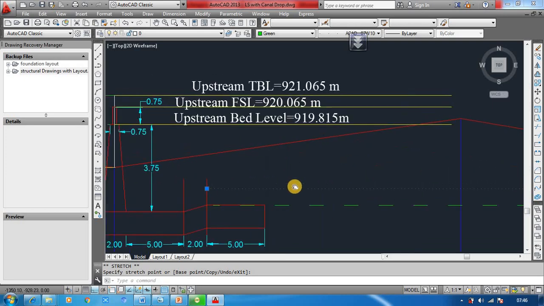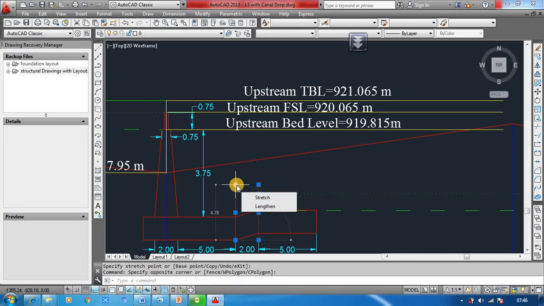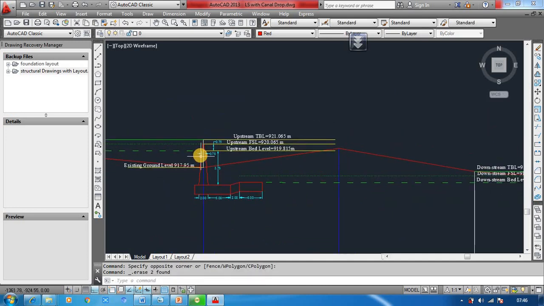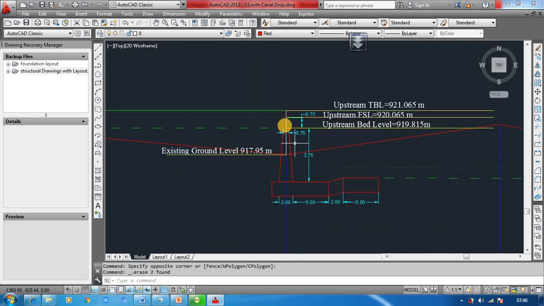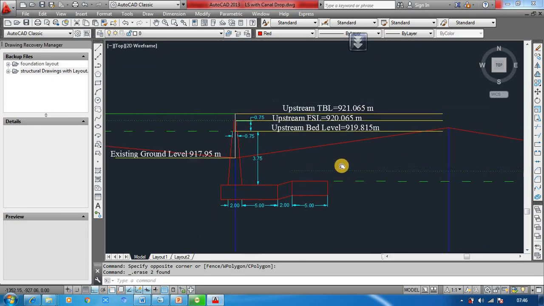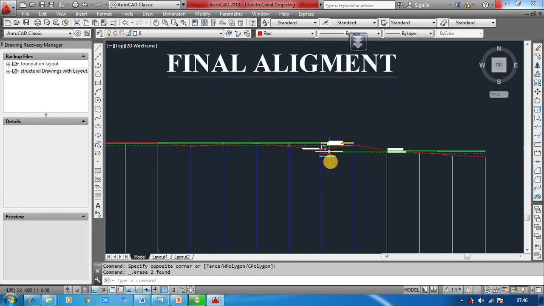Okay, so that's the depth of flow which is taking place. So you can delete only these. So this is how water will flow: from here water will fall, and then water will flow with the depth of 0.75. Okay, so this completes your canal drop design and drawing.